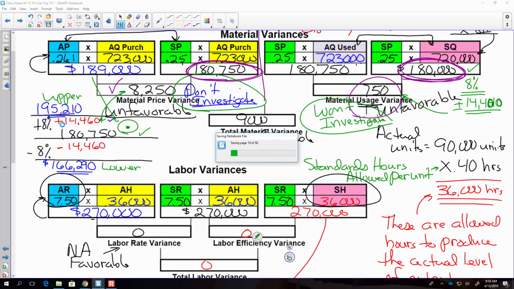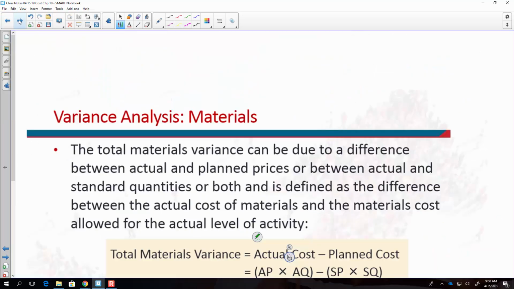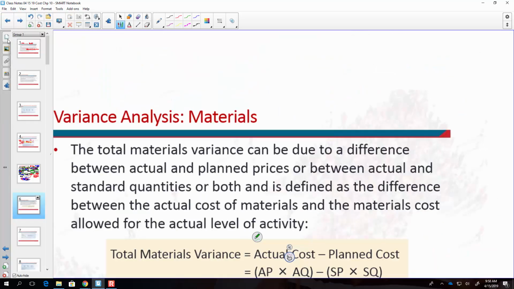Okay, now I'm going to try another problem for you guys. I want you to see if you can do it on your own. And then we're going to make the journal entries as well. I'm going to hit that kind of heavy today.